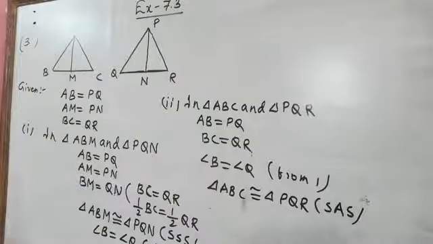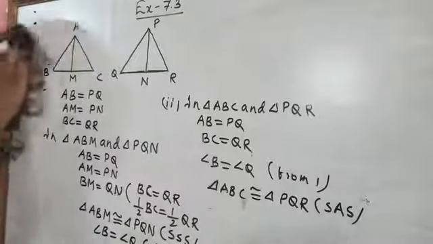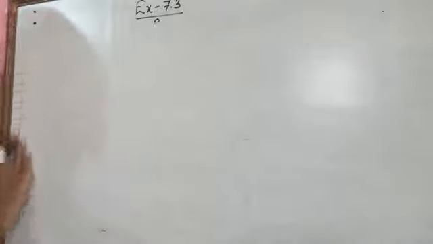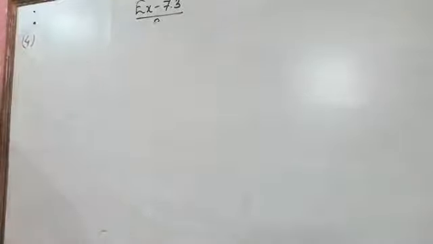Now question number 4. BE and CF are the equal altitudes of the triangle ABC.